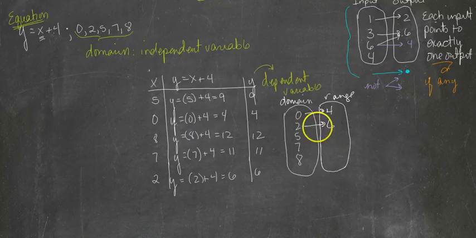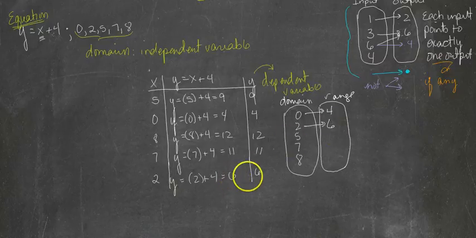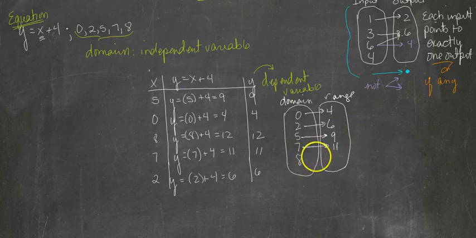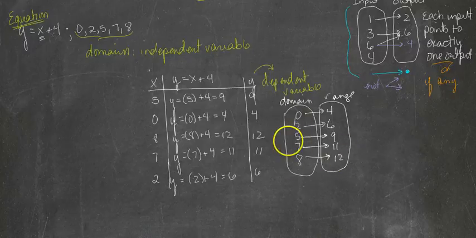Okay, and by pointed to, I'm saying I run it through the function, or excuse me, through the equation, and I see what I get. So 5, if I plug in 5, it points to 9, 7 points to 11, and 8 points to 12. And I can say, because every single element in my domain only points to one element in my range, I can say that this is a function.